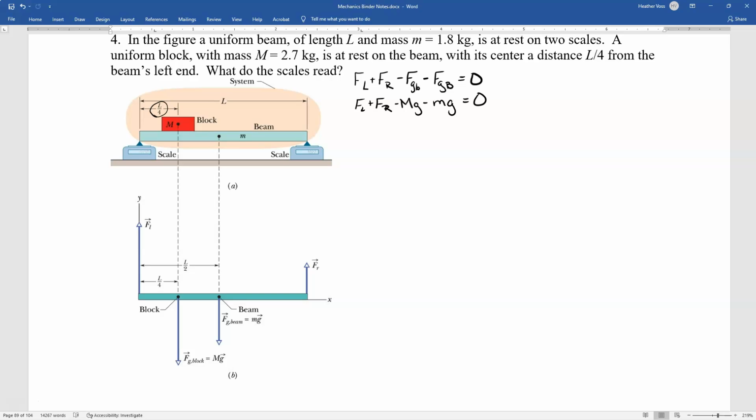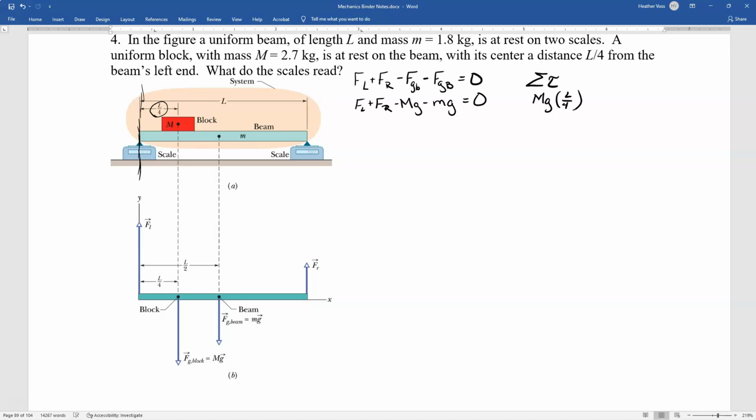So what I'm going to do is I'm going to let this be my pivot point, the left side. If that being the case, my net torque would be big M G, my distance, which is L over 4.